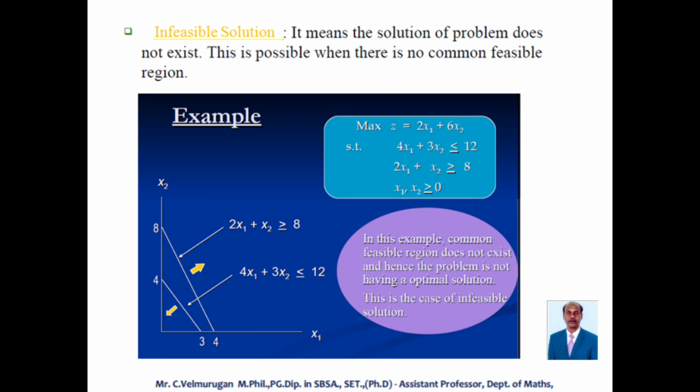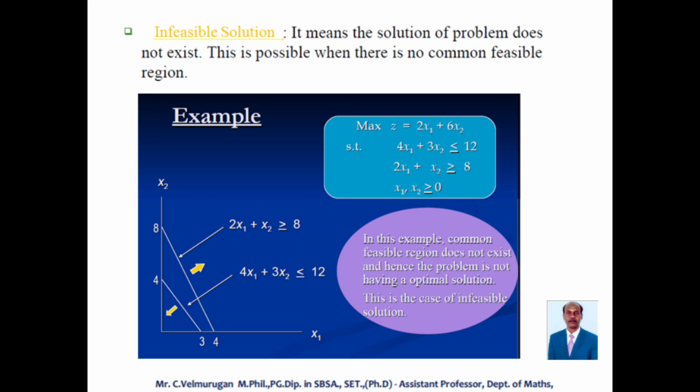Using those constraints we find the points and plot them in the graph. After plotting, we want to find the common feasible region, but here we can't find it, because the first line has a less than or equal to symbol, so we consider all the region below the first line. For the second constraint, we consider all the values above the line, so the two regions do not intersect, and we can't find a common region.